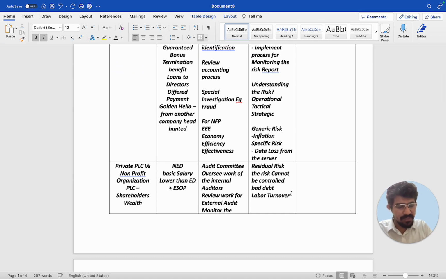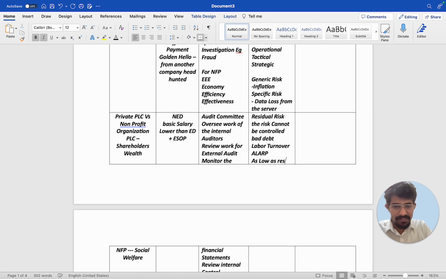We have to follow something called the ALARP model. ALARP means as low as reasonably probable. Understand the terms properly, students.